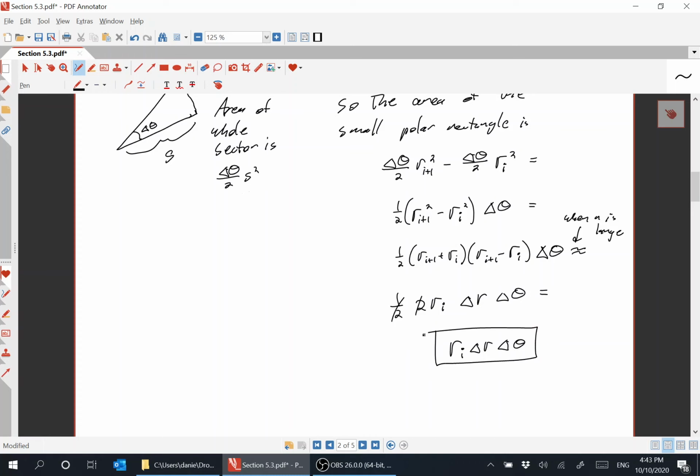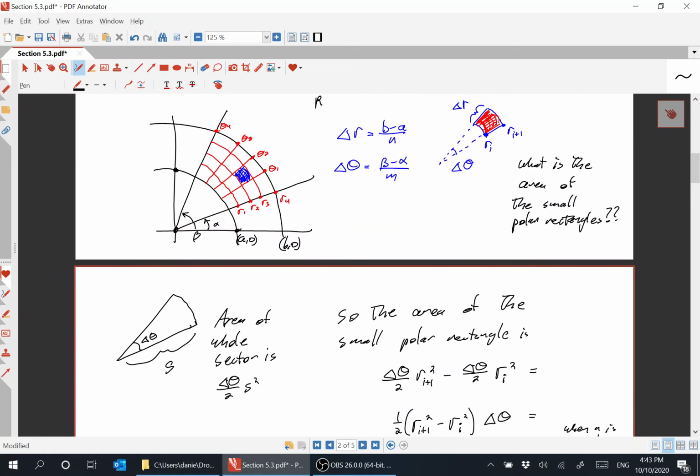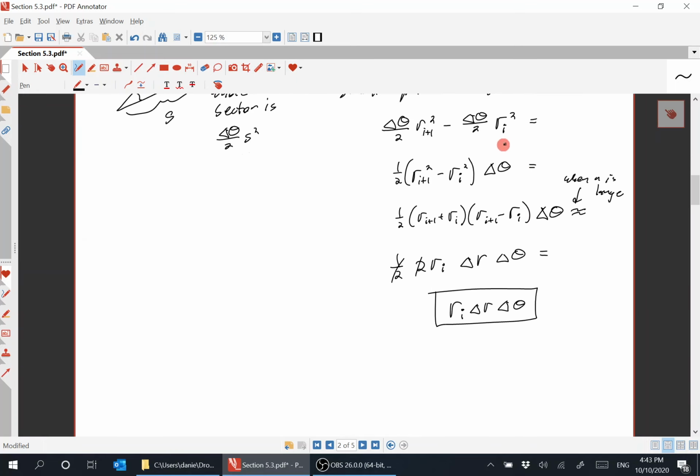Okay, so the area of this sector here, of the red polar rectangle, is approximately, when n is large, R_i delta R delta theta.